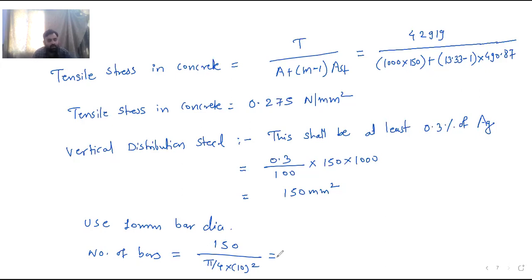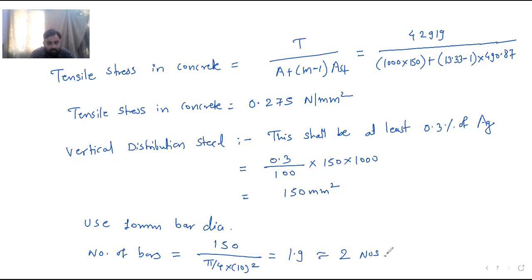So how many number of bars required? It is 1.9, which is nearly equal to 2 numbers. 2 number of bars are required.